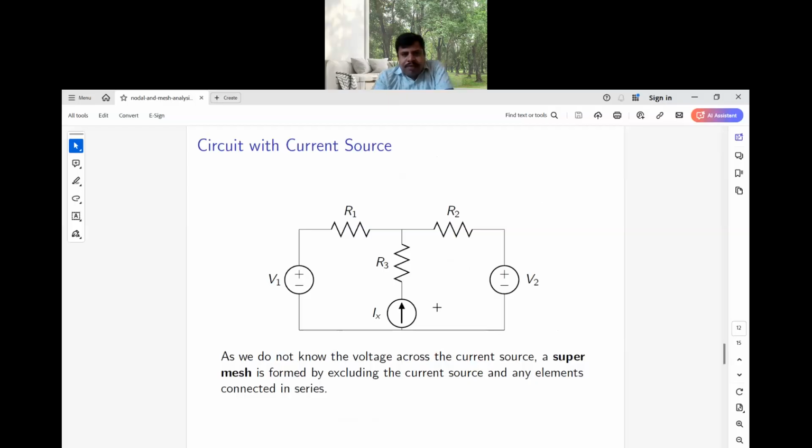We need to apply KVL commonly to mesh 1 and mesh 2. So that is the technique. Whereas in the case of a supernode, we apply KCL for both nodes, but in this case, we are taking the loops. Loop 1 and loop 2 combinedly, we apply KVL.